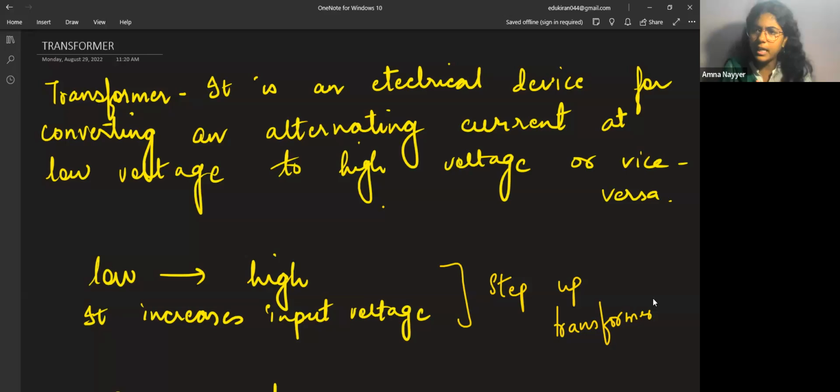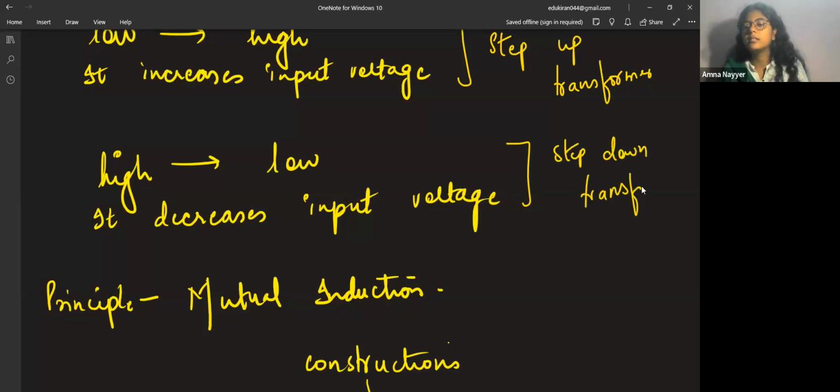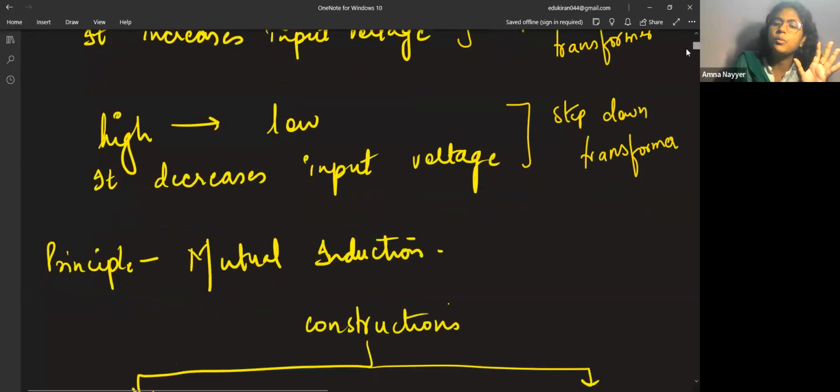It converts alternating voltage, converting high voltage to low or low voltage to high. If it is converting low to high, you call it a step up transformer. If it is converting high voltages to low, you call it a step down transformer. So what is the principle of it? It is basically based on mutual induction.